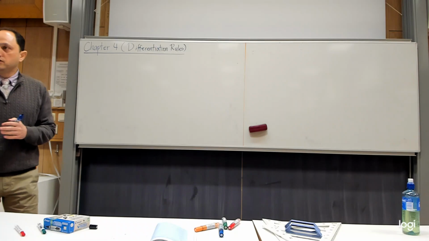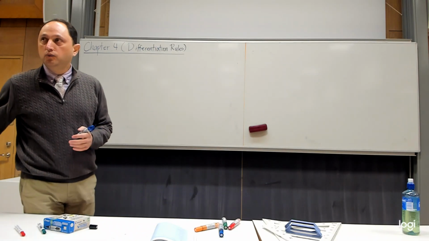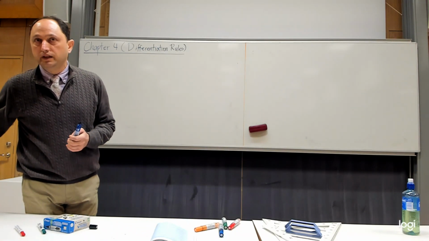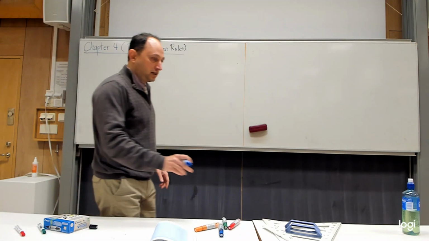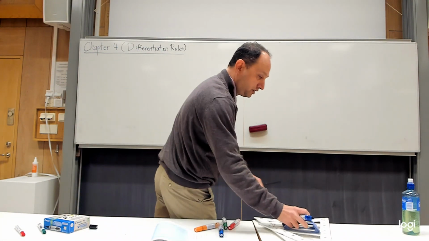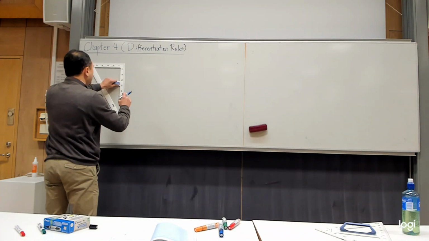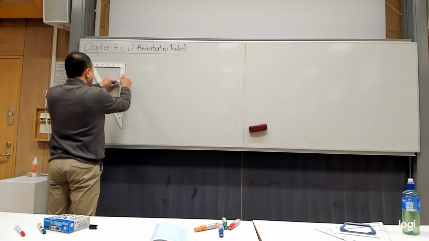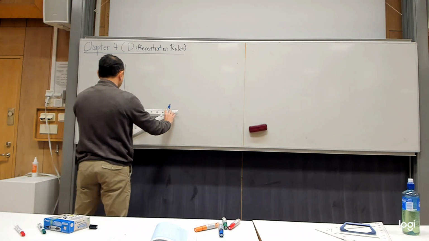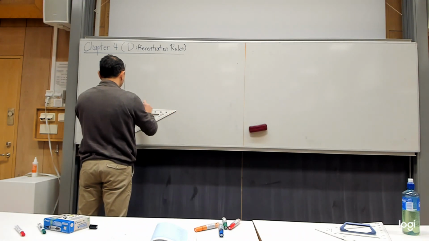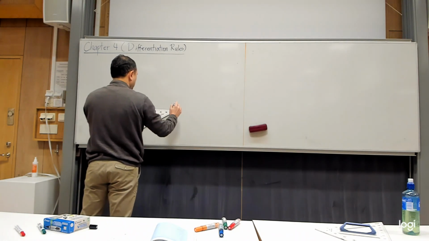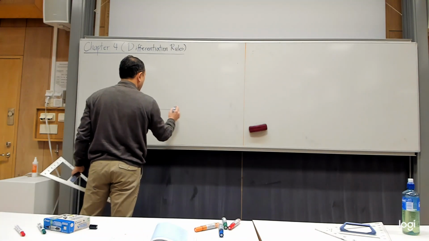Let me start with the Leibniz problem, which is a mathematics problem. He was thinking that if you give me a function and you draw it, it usually becomes a curve. So this is x, this is y.